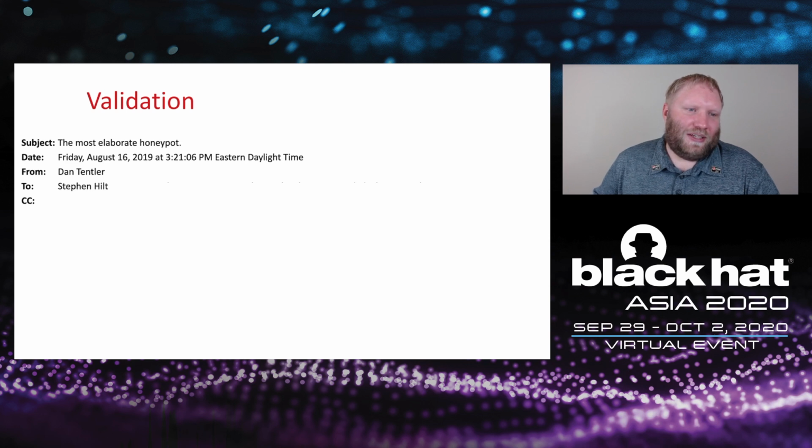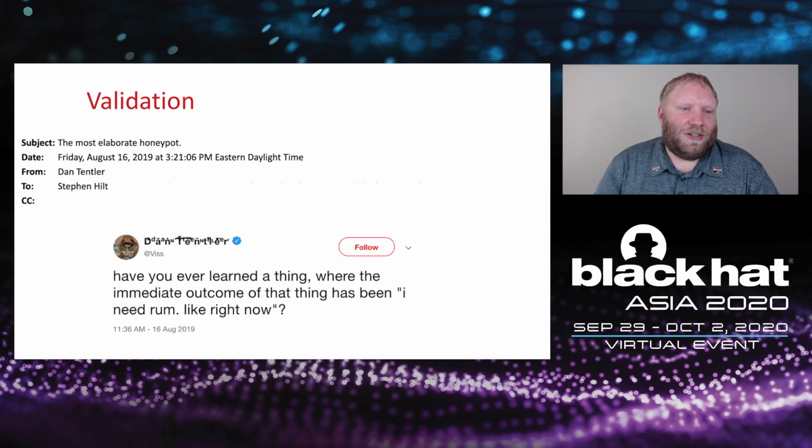Viz then sent an email a bit later to ICS Cert and a couple other people that were involved, saying that it was the most elaborate honeypot that he's ever seen. And later on Twitter he posted that, have you ever learned a thing where the immediate outcome has been, I need rum, like right now. So it's kind of a win for us.